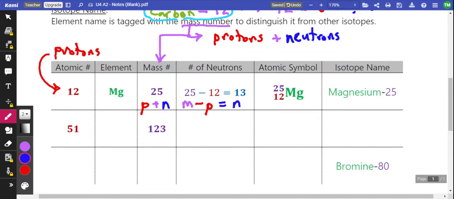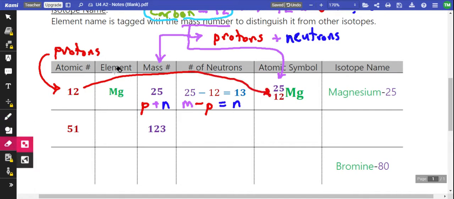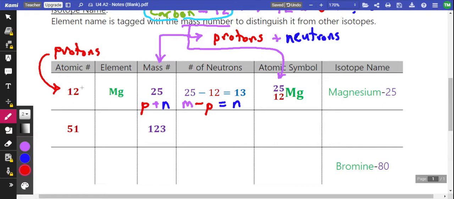To write the atomic symbol for this, again, mass number goes on the top left, and atomic number goes on the bottom left. That was a really bad arrow. Let me try that again. That's better.